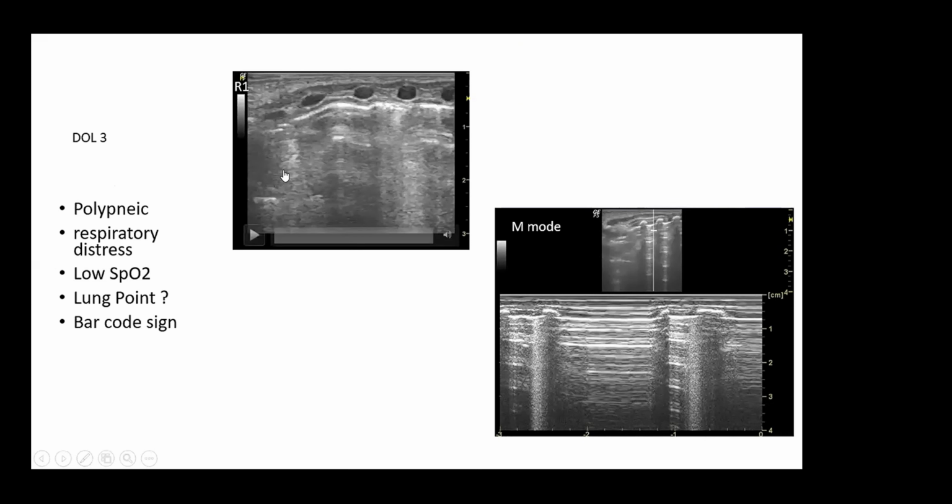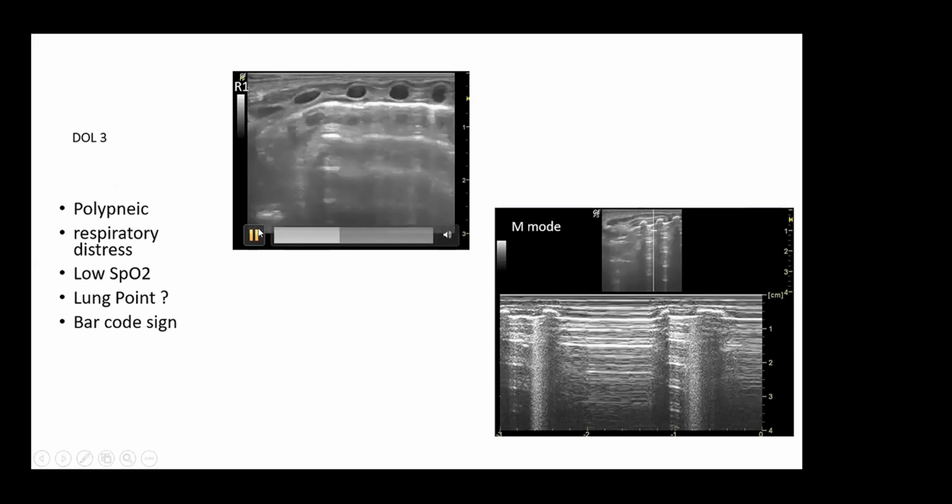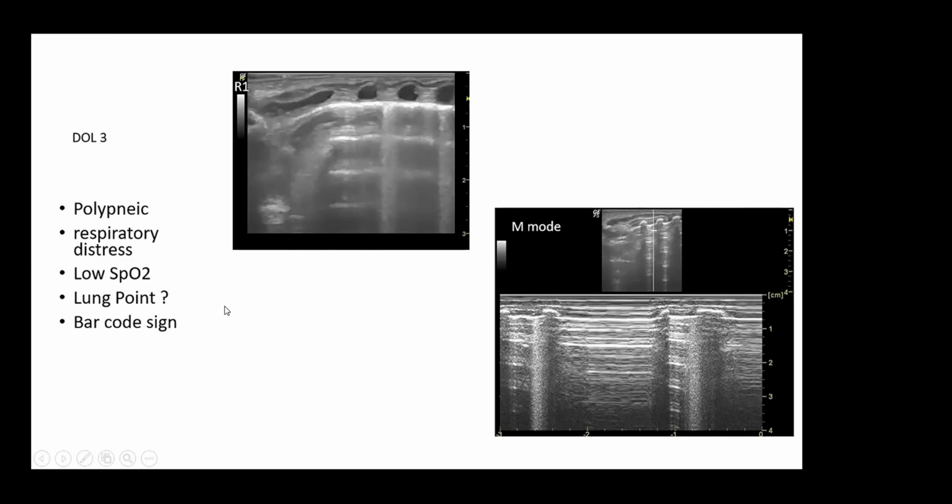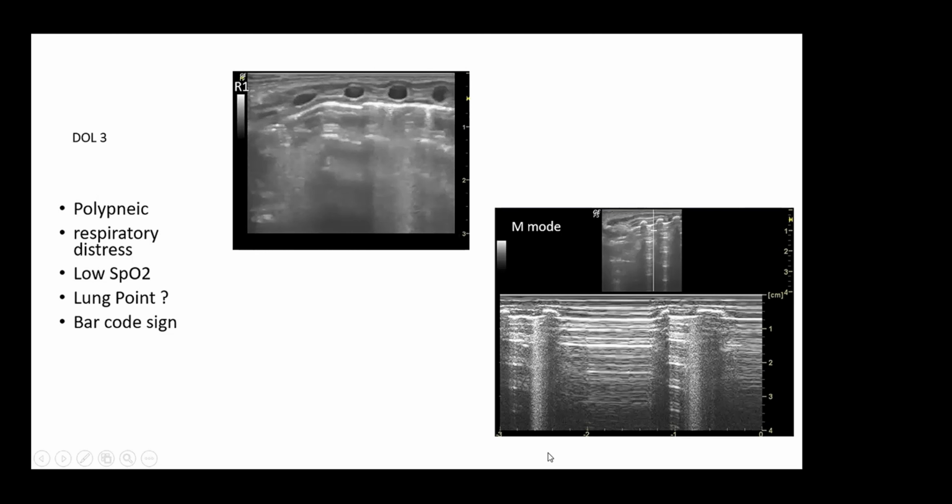And I was on duty and did ultrasounds. And here I was a little in doubt if there was a lung point, because this was not sliding so well. I did M mode, but I was a bit confused because I don't know if this was a barcode sign or not.